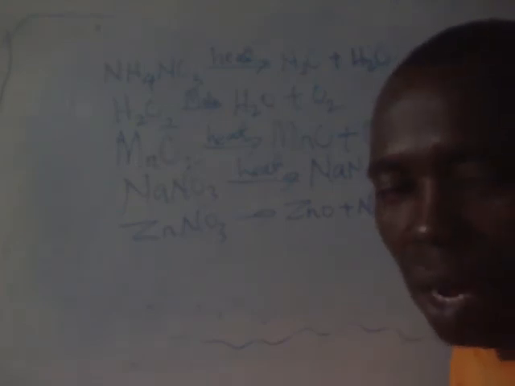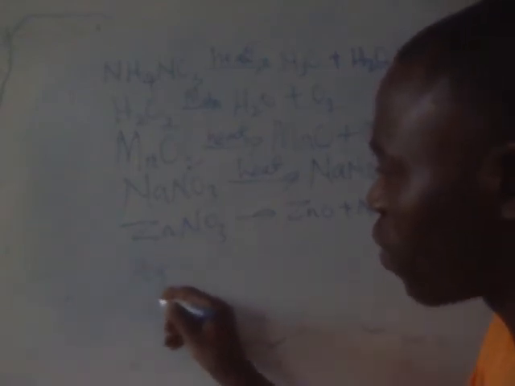The elements that are very low in the electrochemical series, where electropositivity is the least, like silver, mercury, gold, decompose into their metals. For example, silver nitrate will decompose into silver plus nitrogen oxide gas plus oxygen gas.